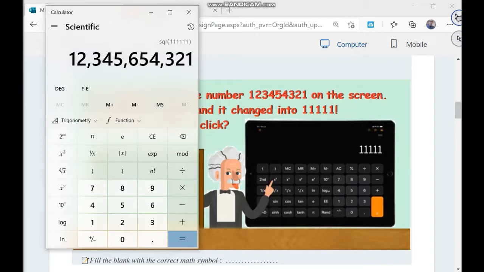Let's try 7. If you try 1, 2, 3, 4, 5, 6, 7, squared. That's very interesting. Look, it goes all the way to 7. 1, 2, 3, 4, 5, 6, 7, and then goes back to 1: 7, 6, 5, 4, 3, 2, 1.